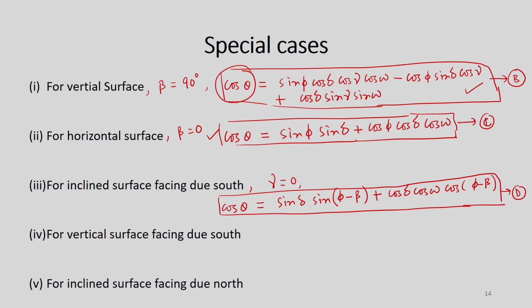Now, come to case 4, for a vertical surface facing due south. So, vertical surface means beta is 90 degree and due south is gamma is 0 degree.